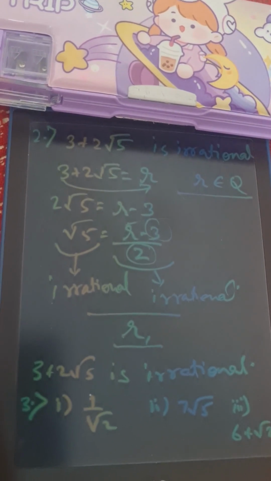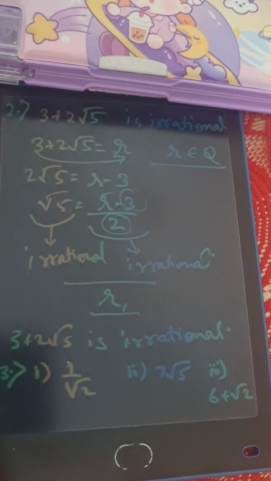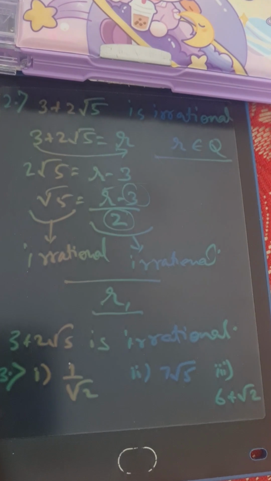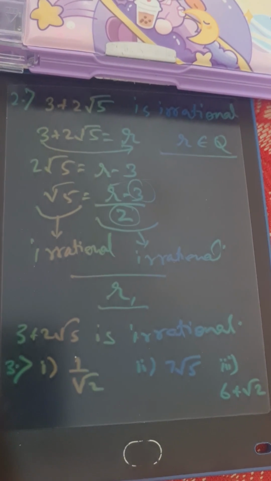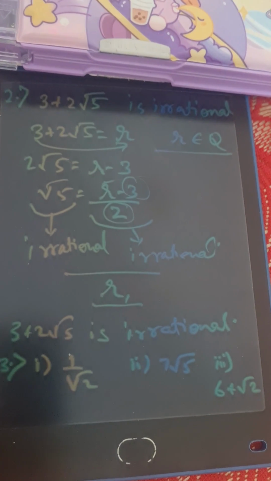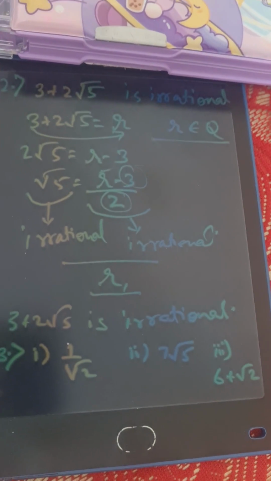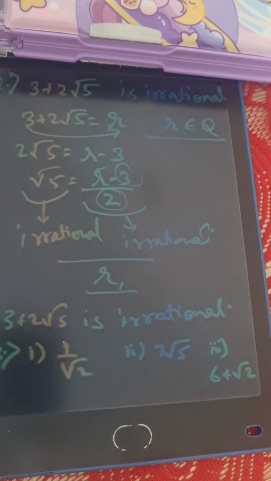To prove all these 3 parts, we will assume the opposite, the contradiction of it. We will assume that these are rational numbers.